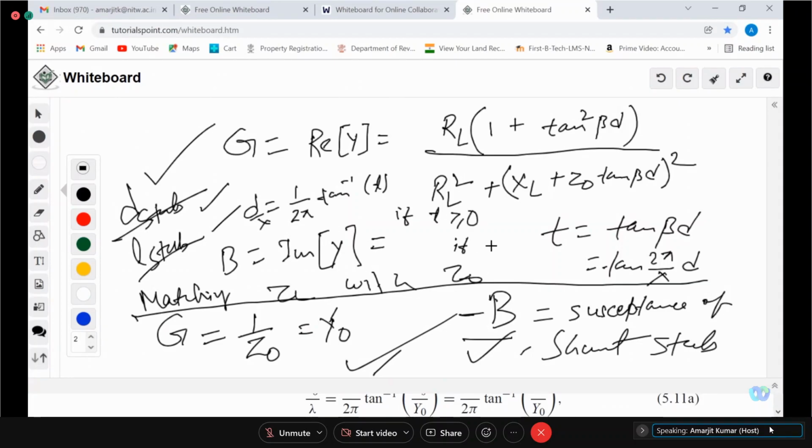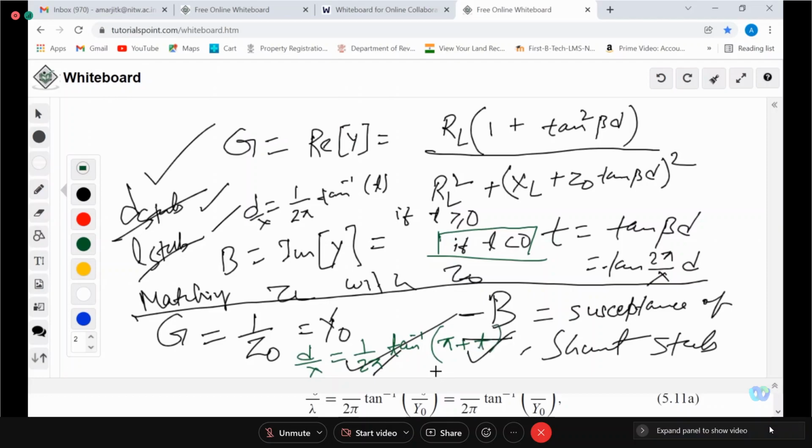But if T is less than 0, then what will happen? For that case, d by lambda will be equal to 1 upon 2 pi times tan inverse T plus pi.